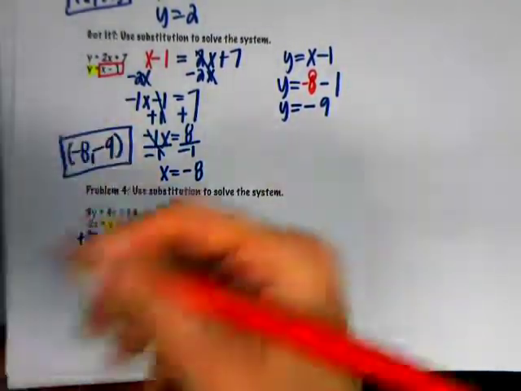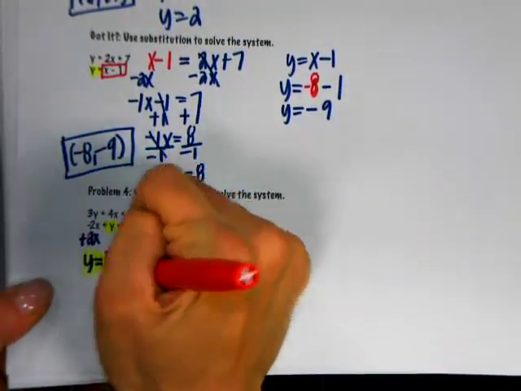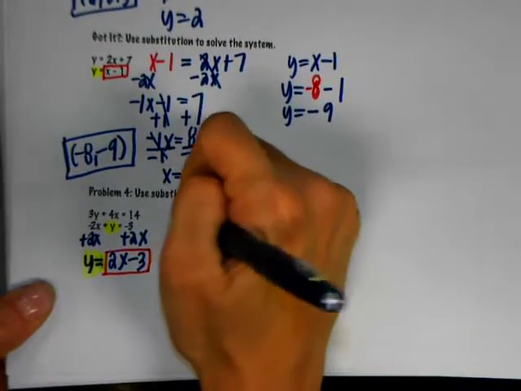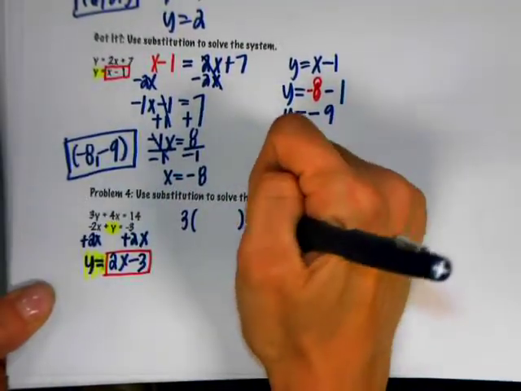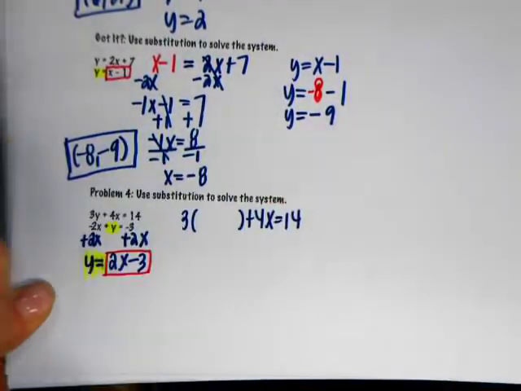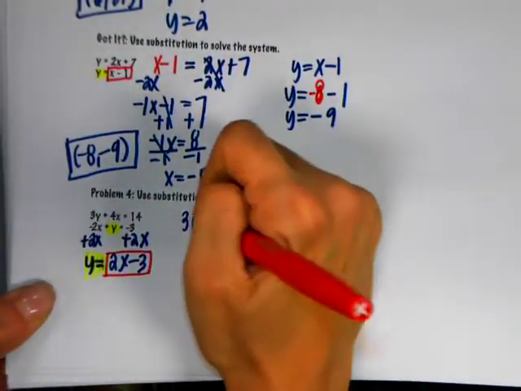Which is now what we can use to go in for y in the other one. So 3 times y plus 4x equals 14. And in place of y, put 2x minus 3.